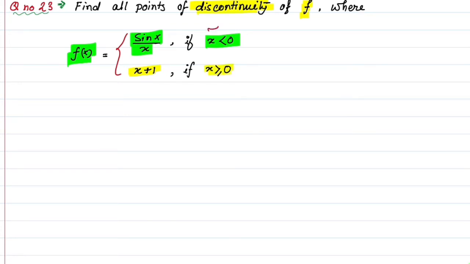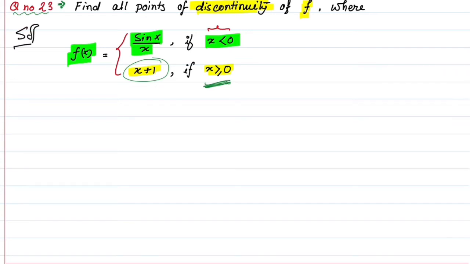When x is less than 0, f of x is given by sin x by x, and when x is greater than or equal to 0, f of x is given by x plus 1. So here the point of partition is 0. So x equal to 0 is the only point where discontinuity may take place. Let me check at this point.